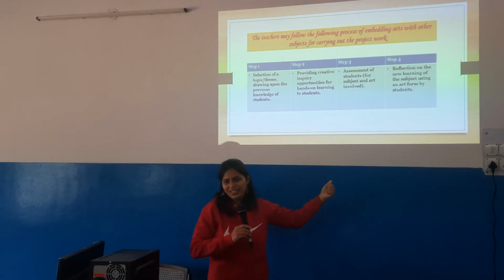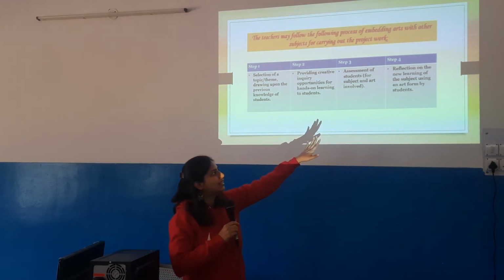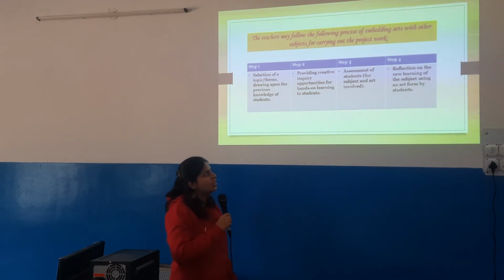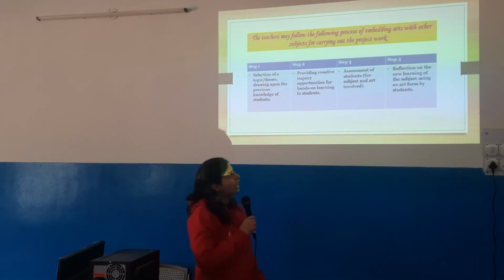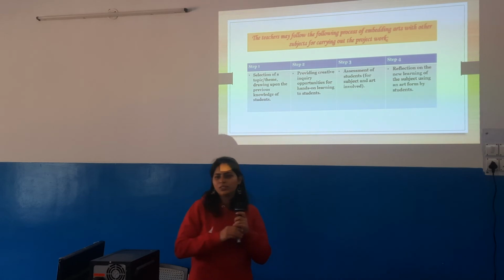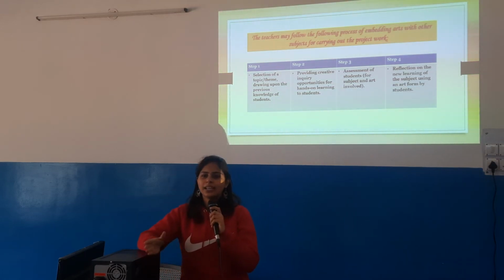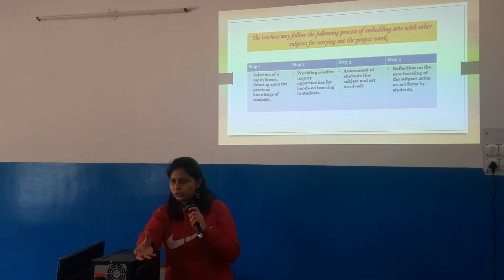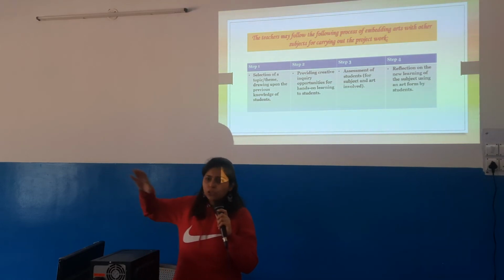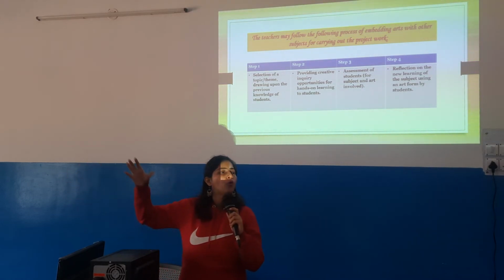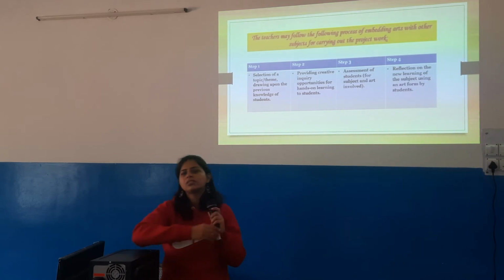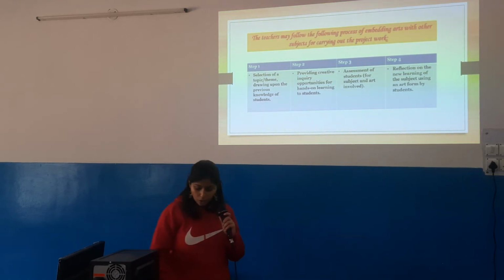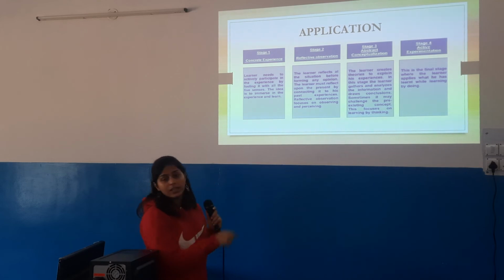This is the assessment part of it. And the last stage says reflection on the new learning of the subjects using an art form by the students. Yes, we can take it to the next level by giving good and very valuable feedback to the students and try to continue this process by adding more topics and more lessons to this idea, which will further lead to this application jump.